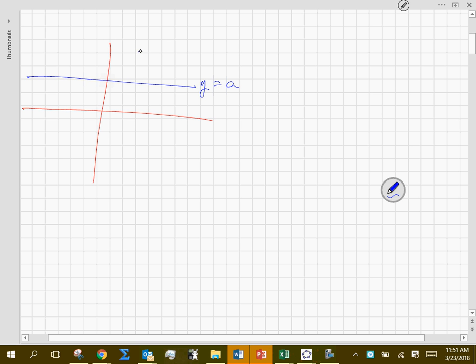If this point is, let's call it m, n again, the only thing that really changes is now when I reflect it, the ordered pair is still going to have an x value of m, right? But what is this y value going to be? It's going to be 2a minus that n value. Does that kind of make sense? It's the same formula.